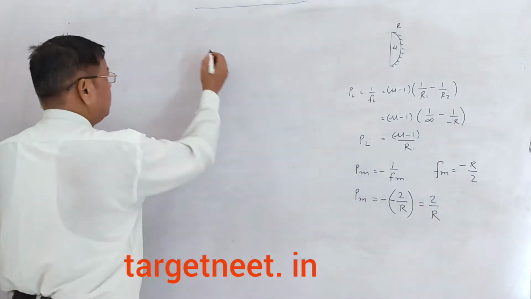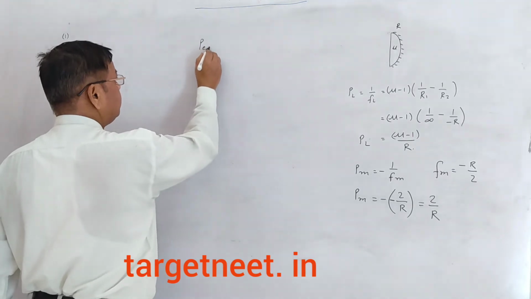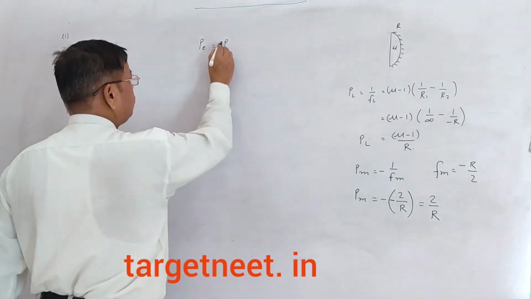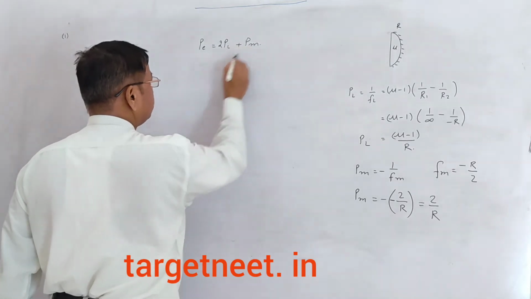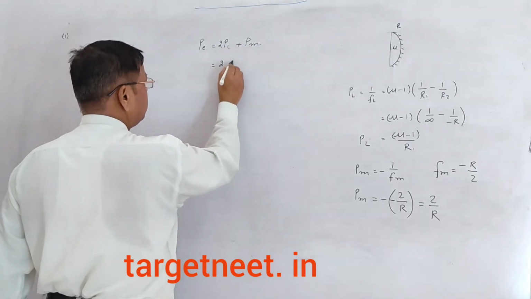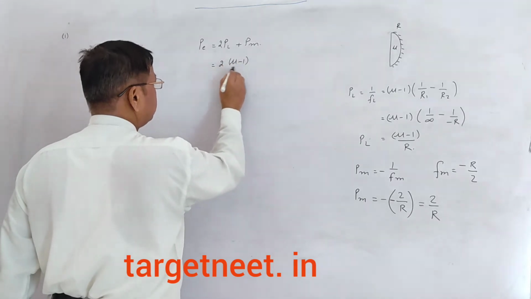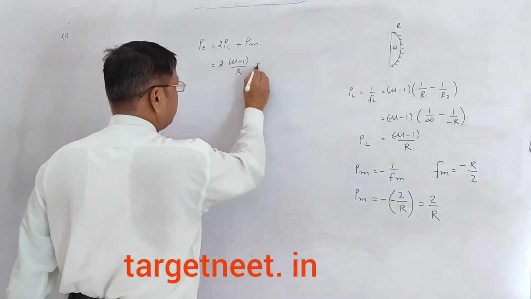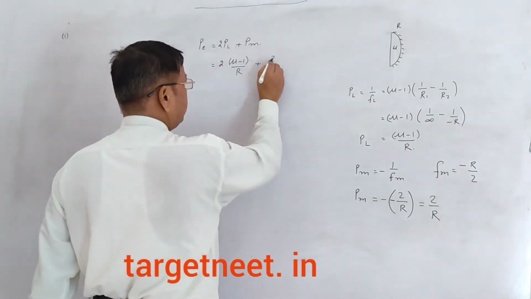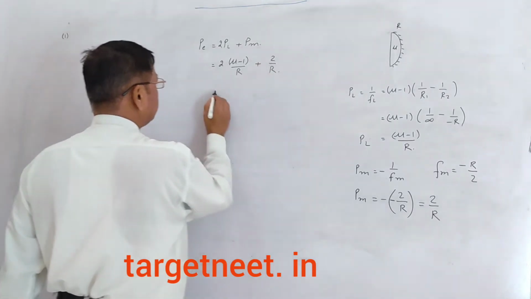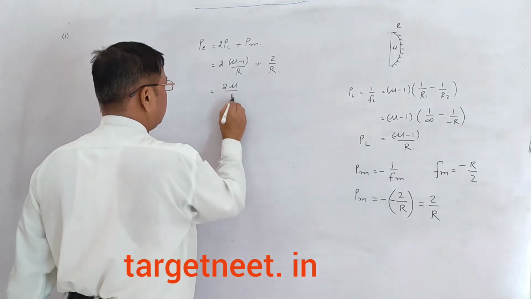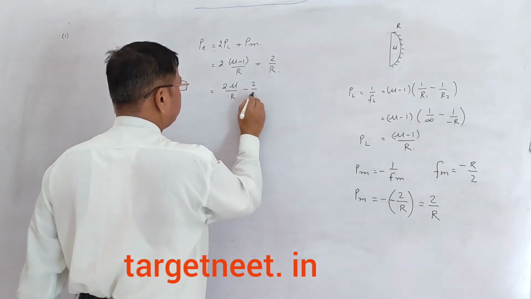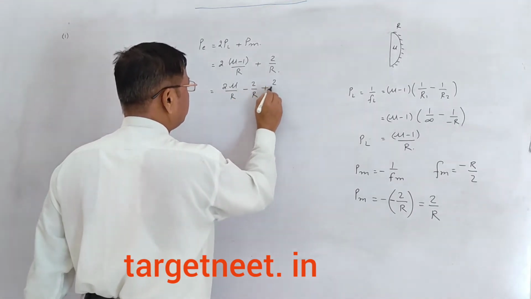Now we know effective power is twice the power of lens plus power of mirror, so 2 times mu minus 1 upon r plus 2 by r, so it is 2 mu upon r minus 2 upon r plus 2 upon r.